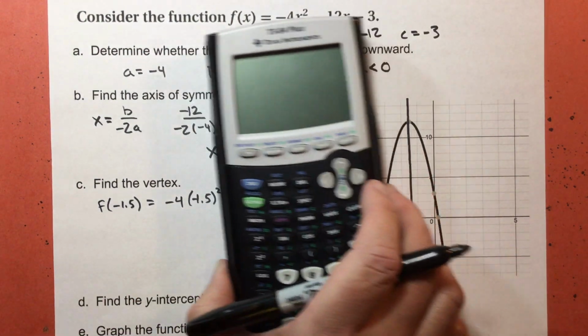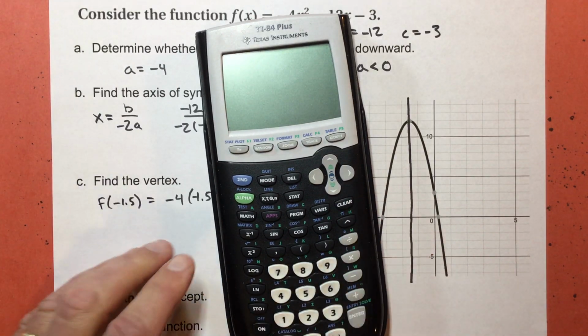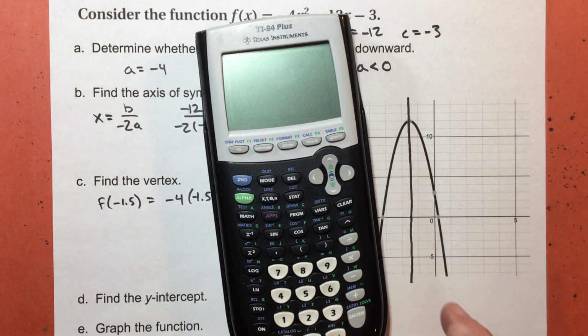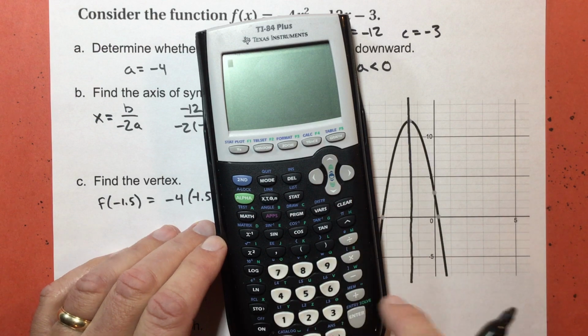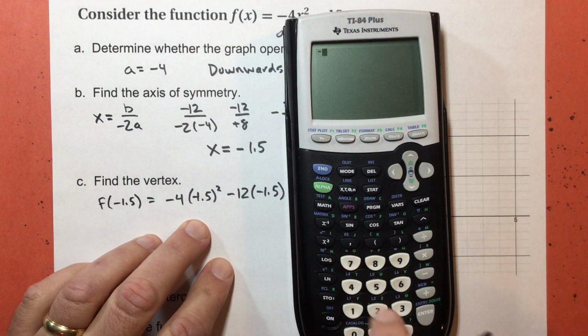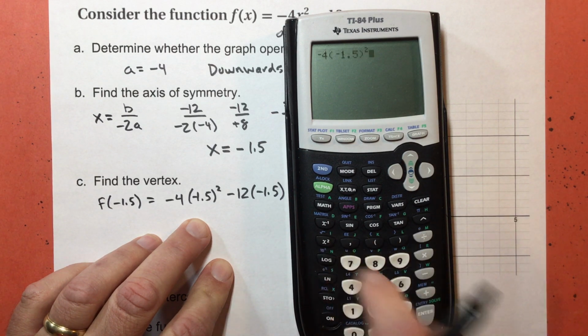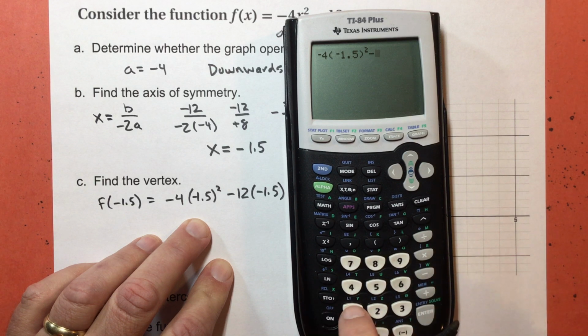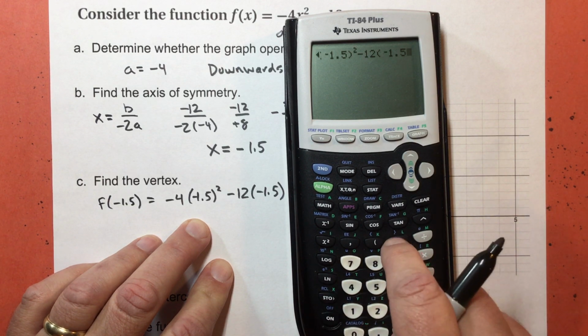However, I'm not going to stop you from doing this either, okay? So hopefully you guys can see this. I'm going to turn the light on so you can see it. Maybe that's too much. Okay? Negative 4 parentheses, negative 1.5 parentheses squared. Subtract 12 parentheses, negative 1.5 parentheses.